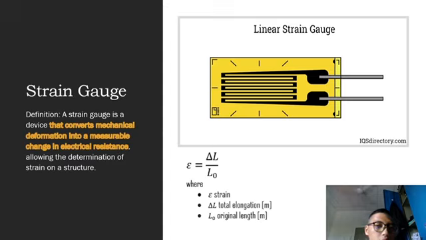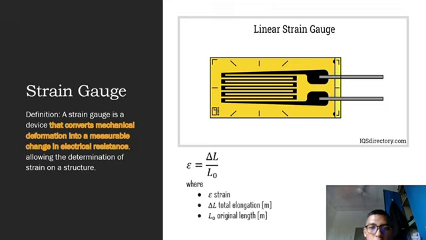So for the strain gauge sensor, the definition is a device that converts mechanical deformation into a measurable change in electrical resistance, also allowing the determination of strain on a structure.